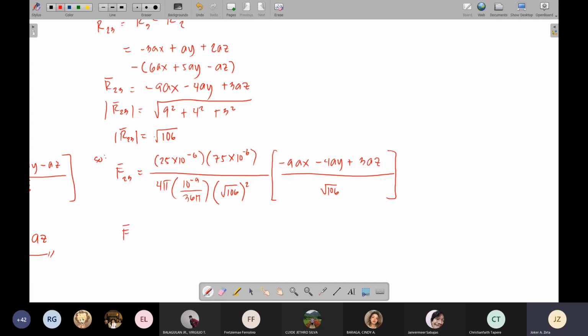Okay, therefore, force 2, 3 will be, okay, sorry po. 25 times 10 to the negative 6 times 75 times 10 to the negative 6 divided by 4 pi times 10 to the power of negative 9 divided by 36 pi times square root of 106 squared.